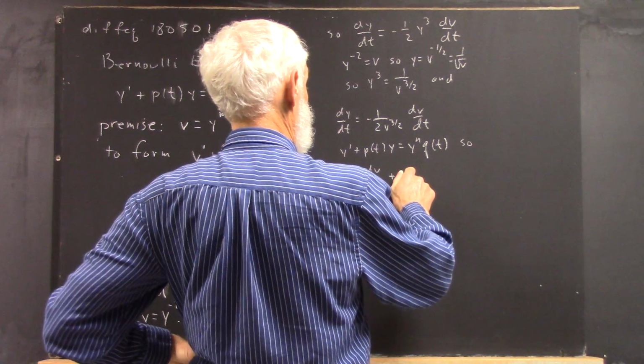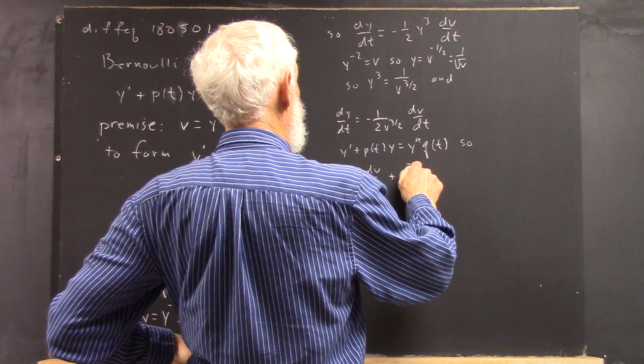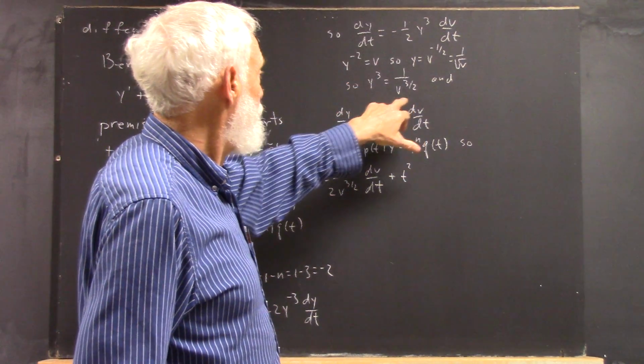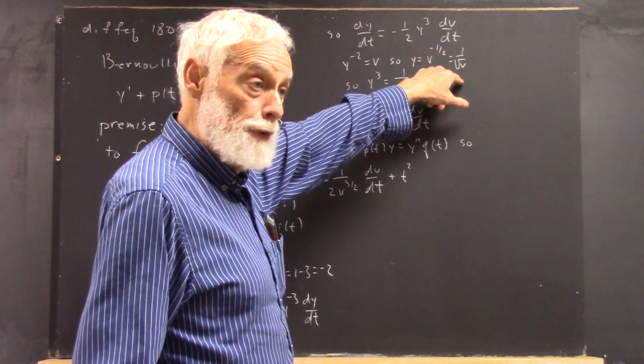So that's t squared. Now y is, as we saw, 1 over the square root of v, right?